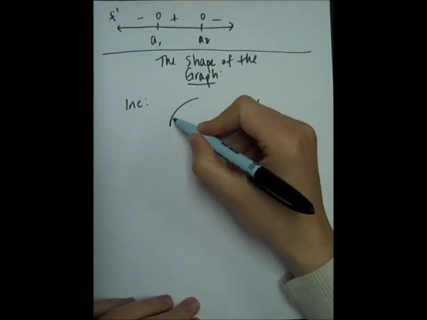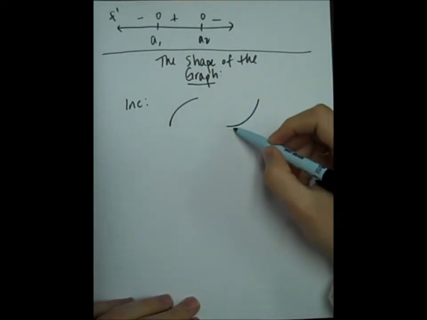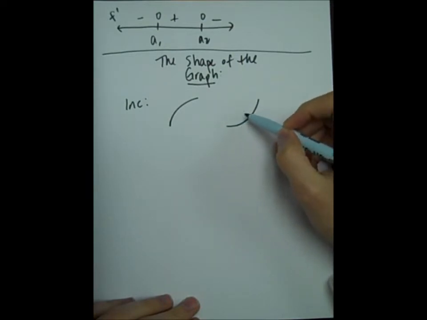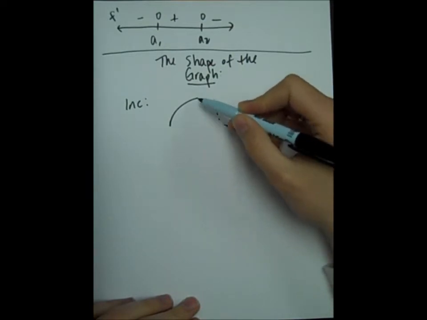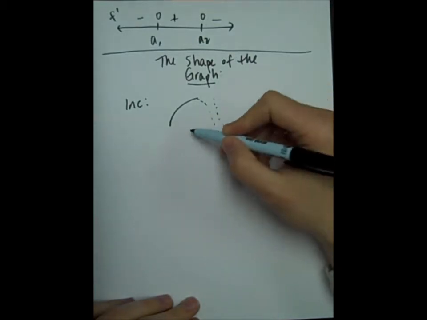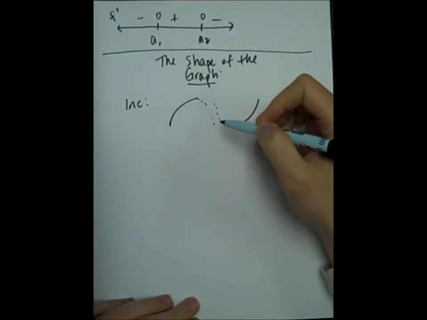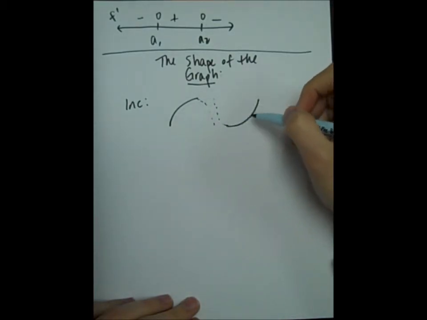So this is going to be concave down. This would be concave up. It's kind of like if you think about a bowl. This is concave down because the bowl is facing downwards. This is concave up because the bowl is facing upwards.